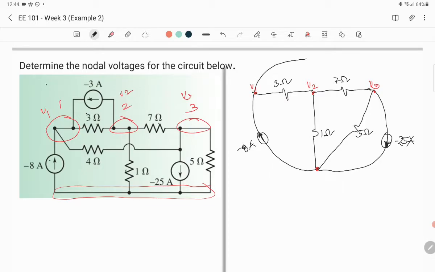So you have here your 4 ohms, right? What else? We have the current source between node 1 and node 2. We can reflect it here. We have here negative 3 amperes.